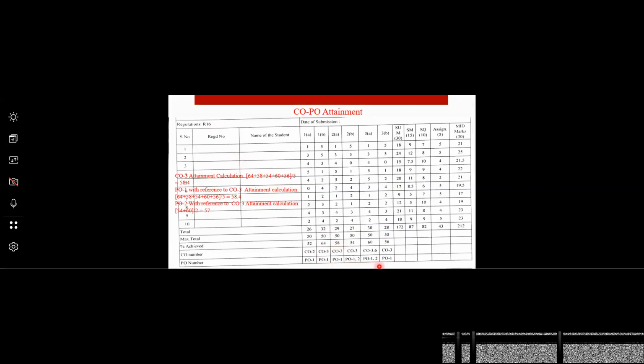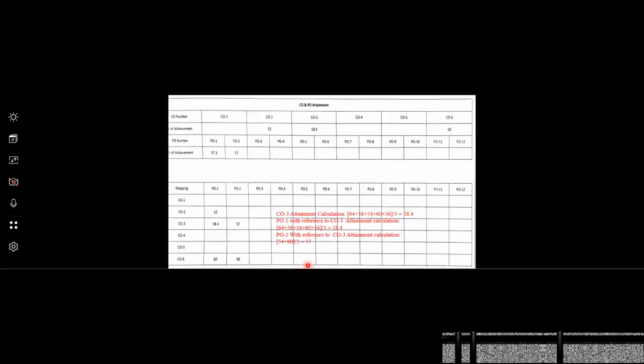PO1 is, see in which questions the PO1 is mapped? All questions the PO1 is mapped, right? Am I right? Now, sir, go to next slide once. I'll explain.